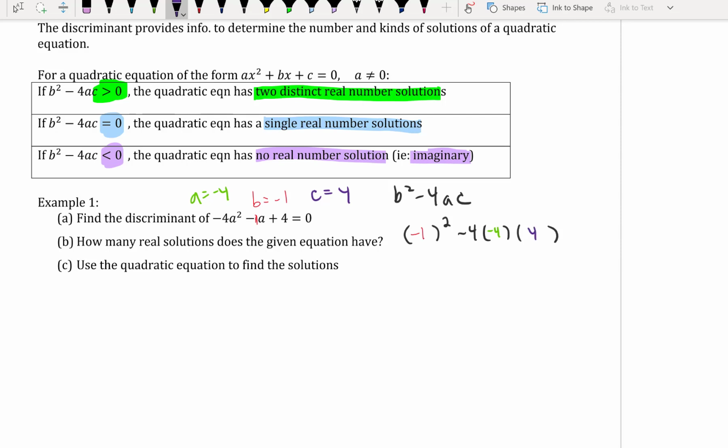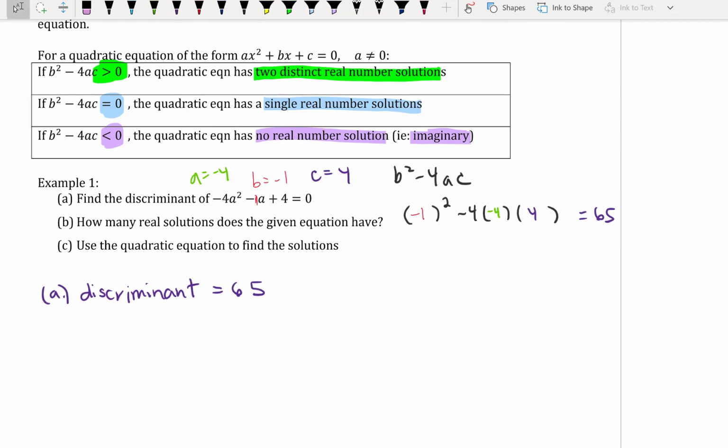When I plug that into my calculator, negative 1 squared minus 4 times negative 4 times 4, that gives me 65. So for part A, the discriminant is equal to 65.